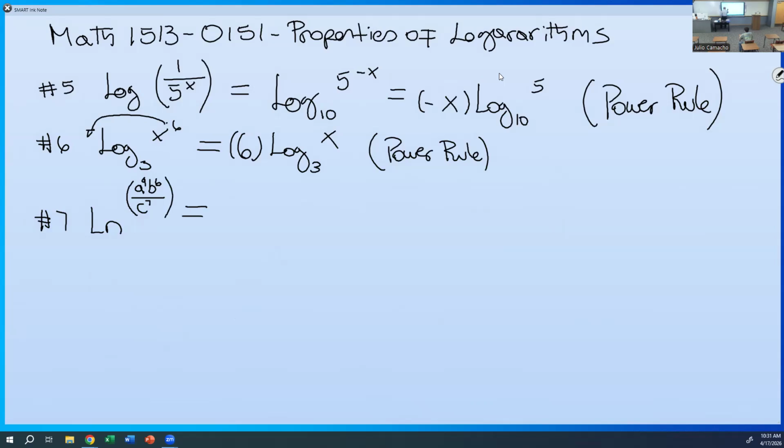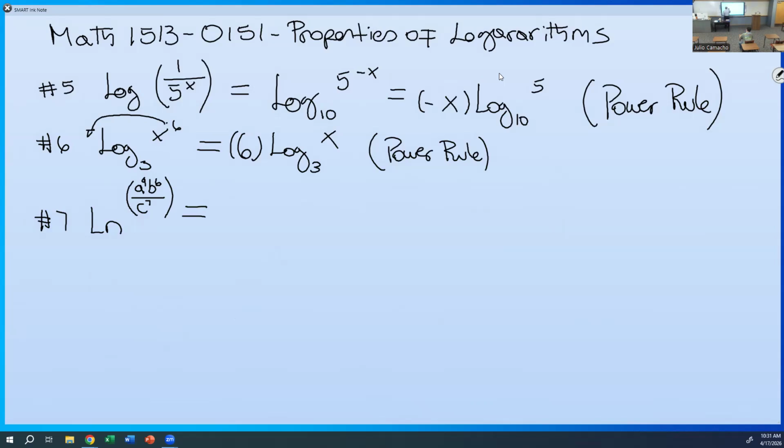So let's expand that, first of all using the quotient rule. The reason I want to use the quotient rule is because I want to take this c to the 7 out of the denominator.